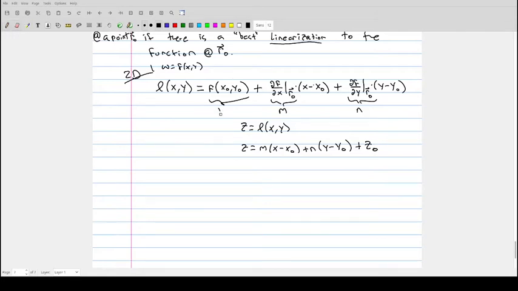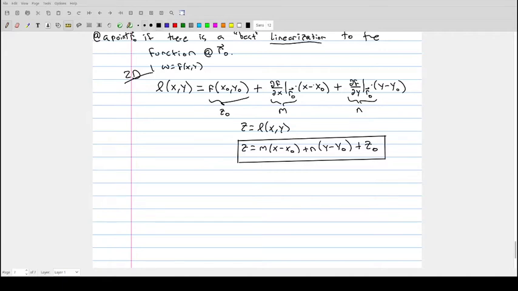You can use b if you want, but I'm probably going to write z naught here because that's just relating it to the function f. And this is the equation of a plane centered at the point x naught, y naught, z naught. Or this plane is exactly the tangent plane if these partial derivatives exist.